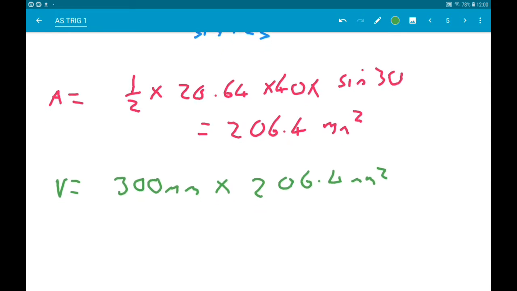Now to 3 sig figs, that gives us 61,900 millimeters cubed.